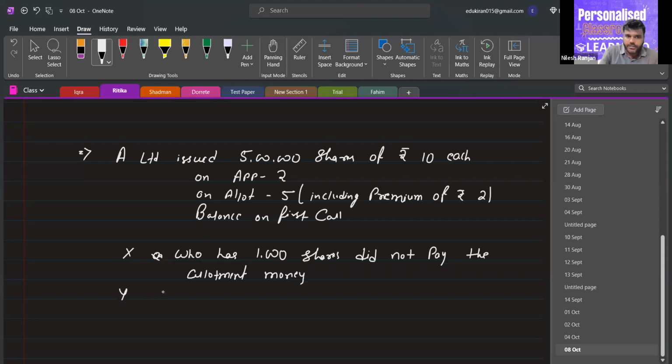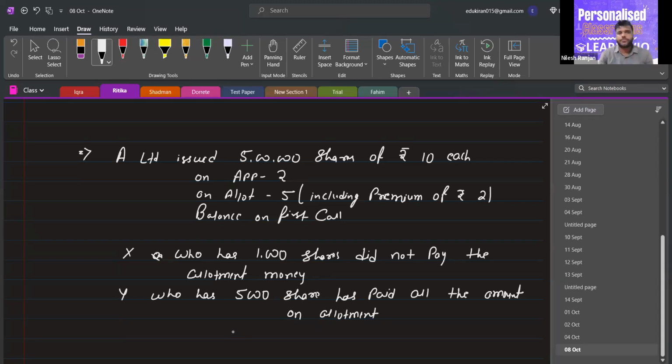And Y, who has 5,000 shares, has paid all the amount on allotment. Okay.